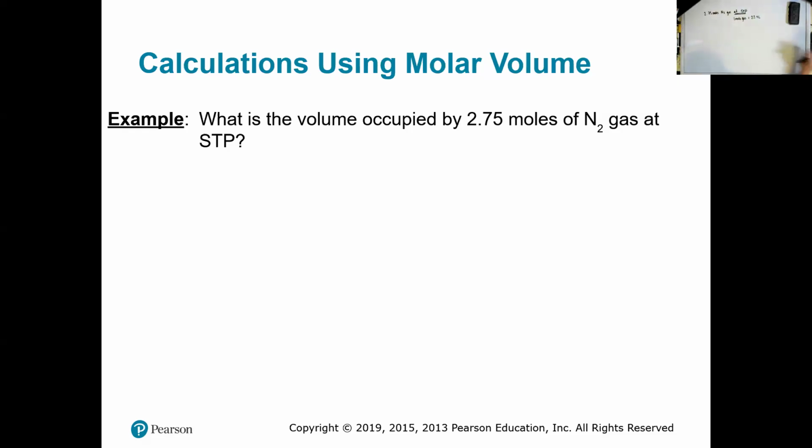Now, if that equality is true, which it is, then you can say to yourself, I have 2.75 moles of gas. I know that every 1 mole of gas is going to take up 22.4 liters. So now I can multiply this out.